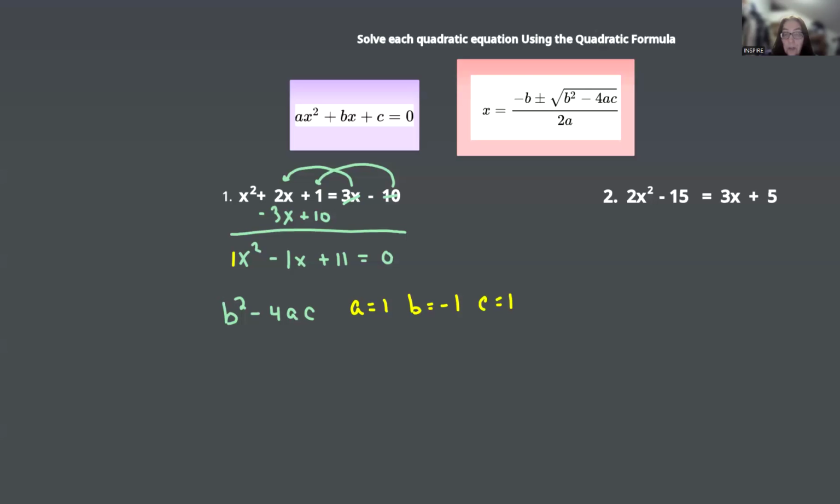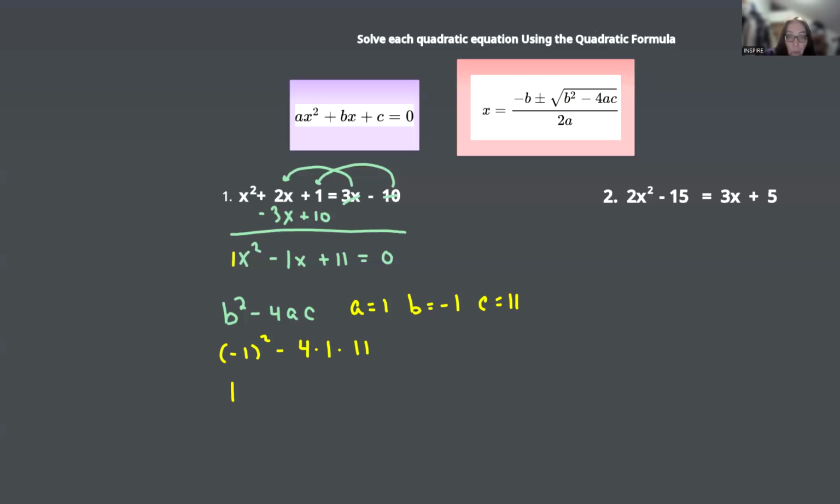So the discriminant tells us to do b squared minus 4ac. So I have negative 1 squared minus 4 times a times c. When I do that, negative 1 times negative 1 is positive 1. When you square a negative, you should always get a positive.